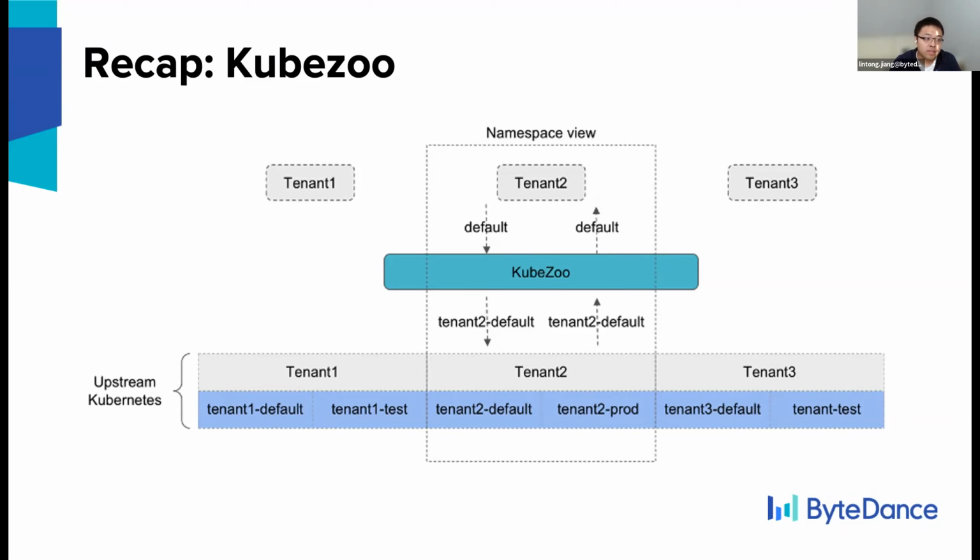In terms of tenant management, we introduced the tenant CRD as the API and the tenant controller within the Kubezoo server to manage all the tenant instances. The tenant controller is responsible for signing certificates and generating the kubeconfig file. This is how Kubezoo gives each tenant an isolated view of the cluster.